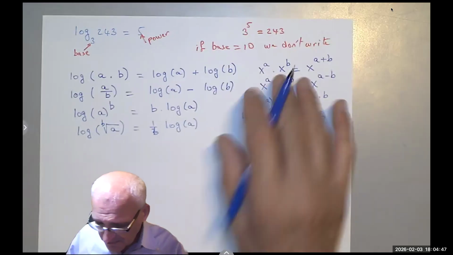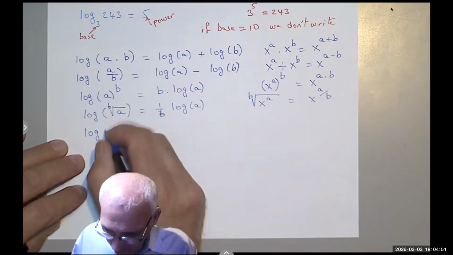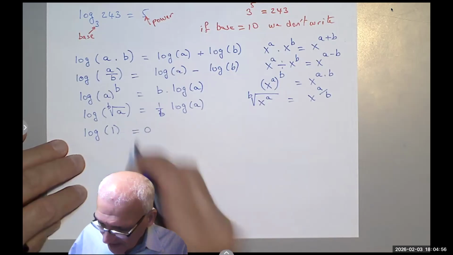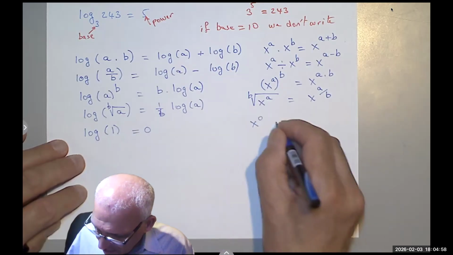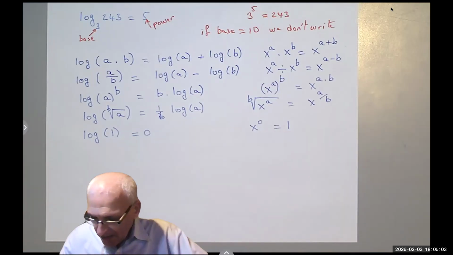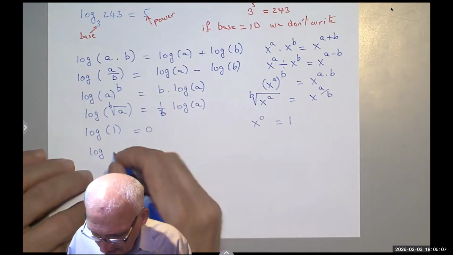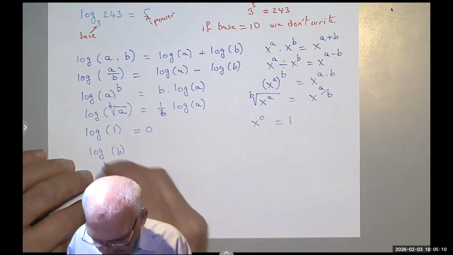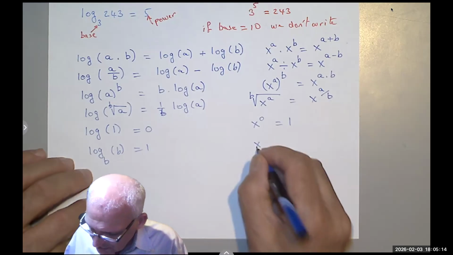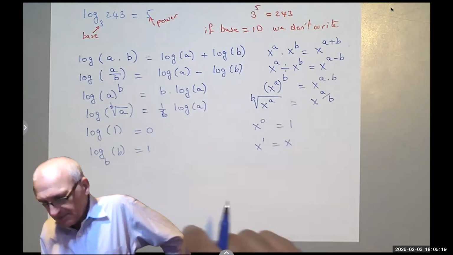We say that log to any base of 1 equals 0. And we said x to the 0 equals 1. Log of a number, let's say a number b, and the base was b, is 1. Here we say x to the 1 is x.